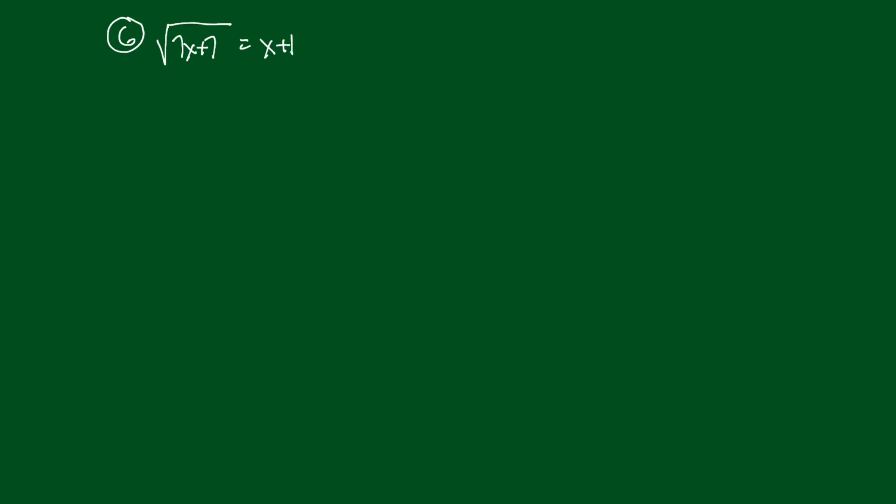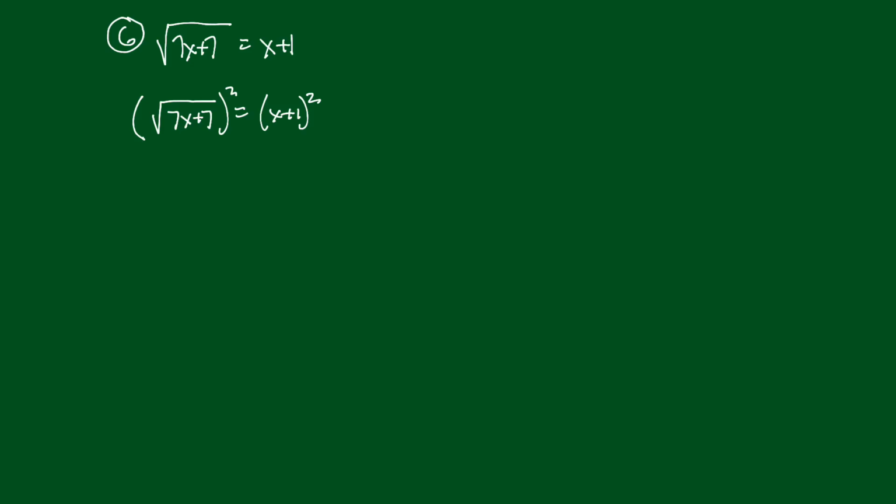So here's a radical equation in which we have 2 x's, one on each side, and an isolated radical. That square root is by itself on the left side. So let's start by squaring both sides. So we'll get the quantity, square root of 7x plus 7 squared equals quantity x plus 1 squared.